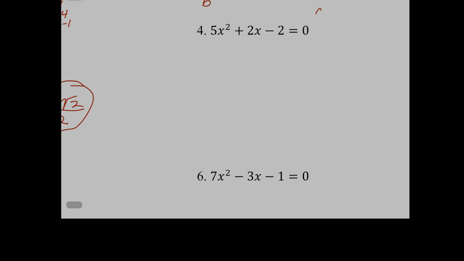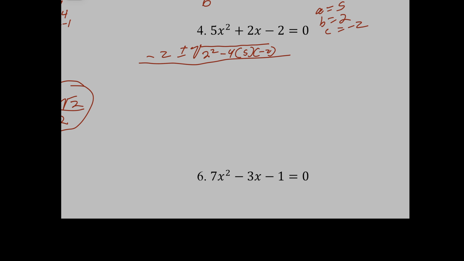Okay, so now this one, my A is going to be 5, my B is going to be 2, and my C is going to be negative 2. All right, opposite of B, that's going to be negative 2 plus or minus the square root of, what is B squared? 2 squared minus 4 times A times C, which is a negative 2, all over 2A. Boom.